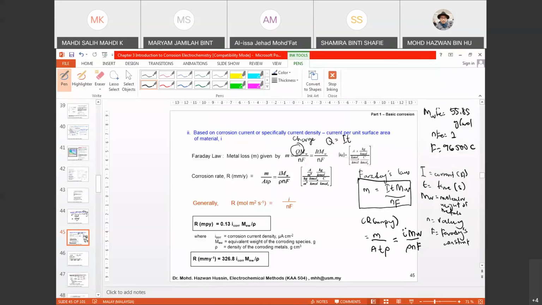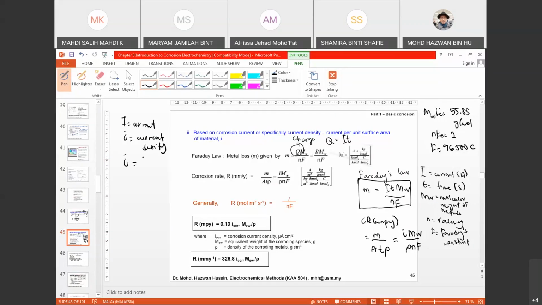Or if you have a current value, you can convert it into current density, because I is current, and small i is current density. So what is current density?